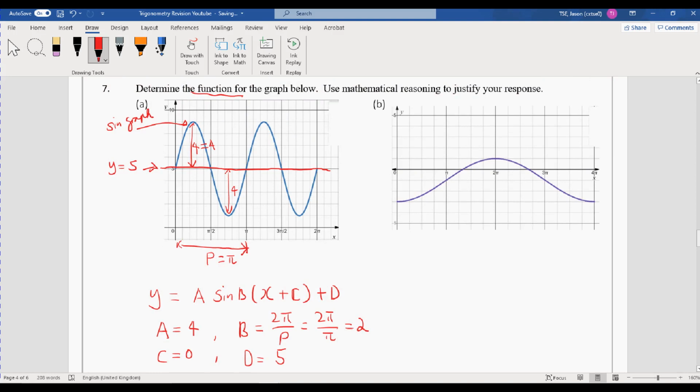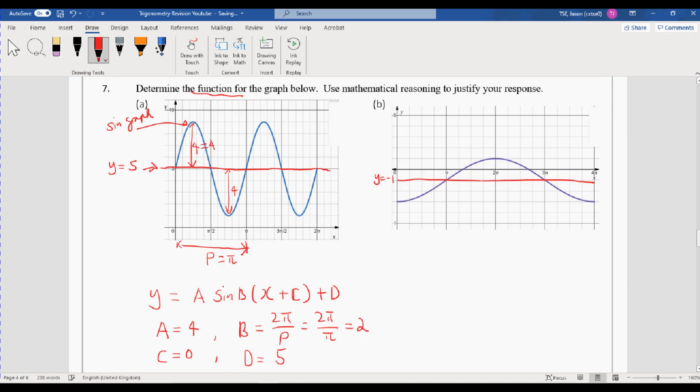Right, so let's look at the other one. First, can you see the middle line? The middle line is just right here, which is y equals minus 1.